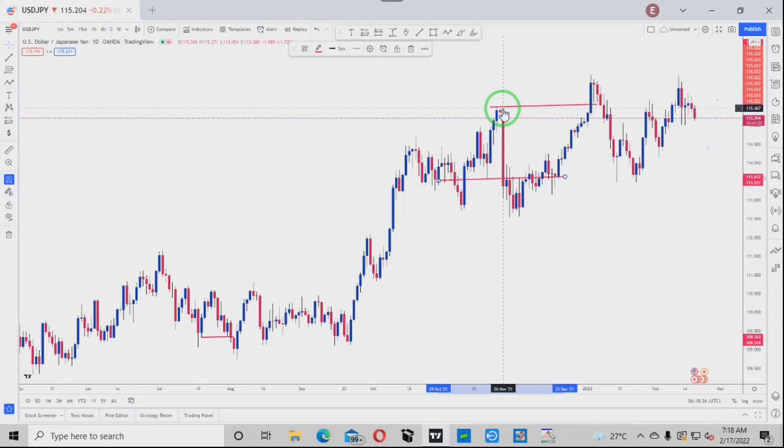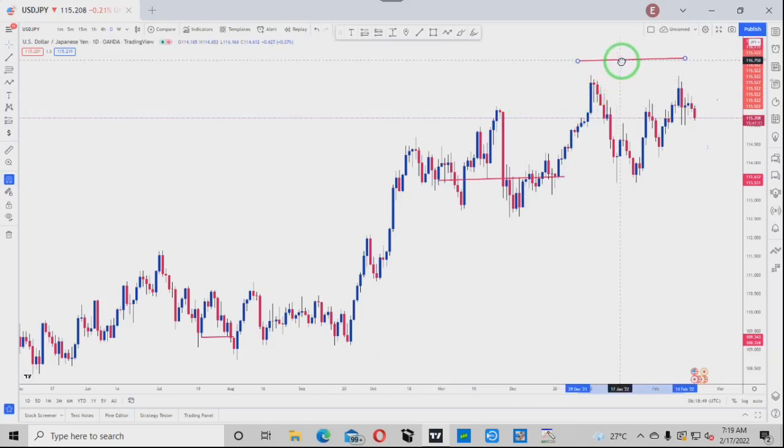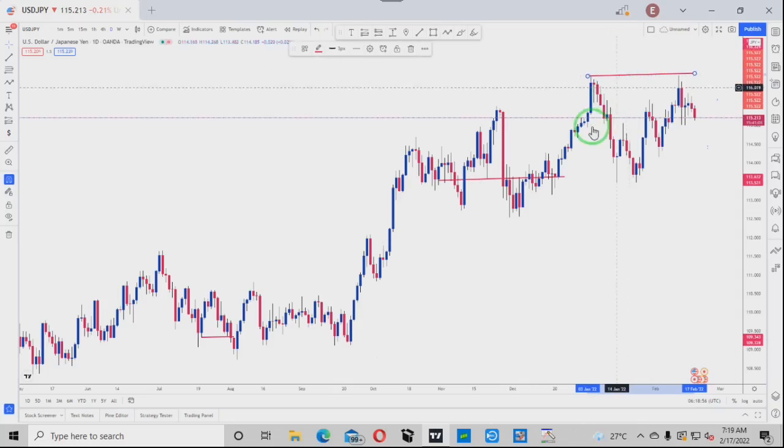Can you see that? So where is your new high? This is your new high, guys. Always remember, this is your new high. Once a high has been created, move your horizontal line to that high. Can you see that?